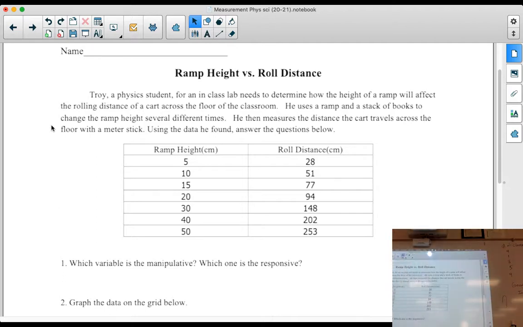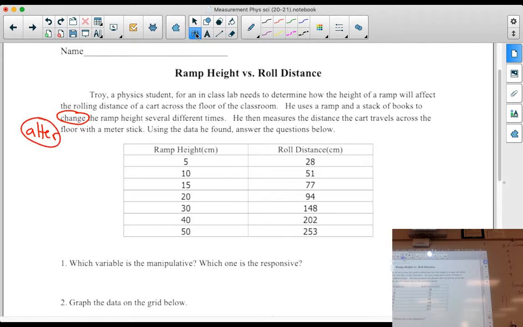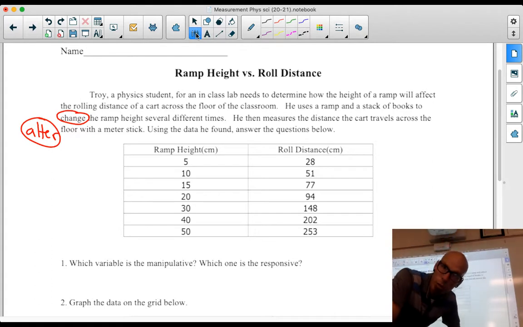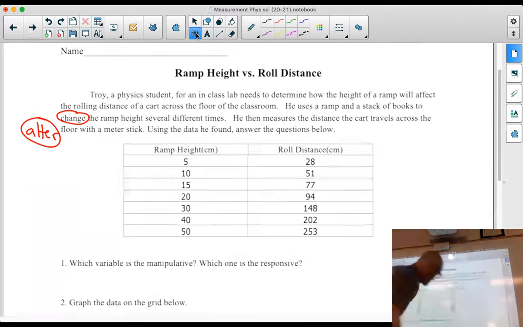So if we see the word change or alter, what are those words telling us? To alter or to change? We're talking about manipulating.